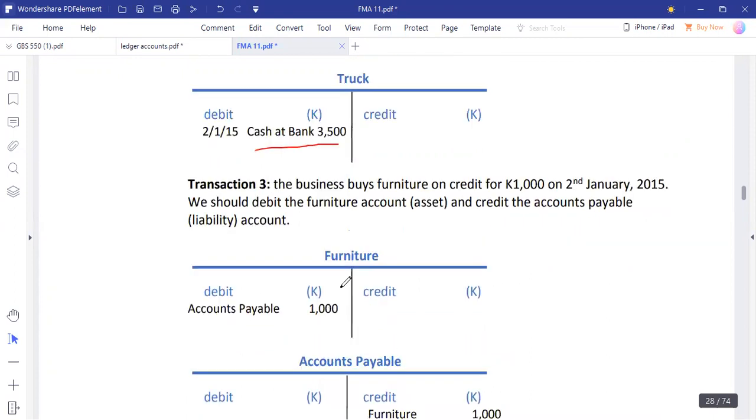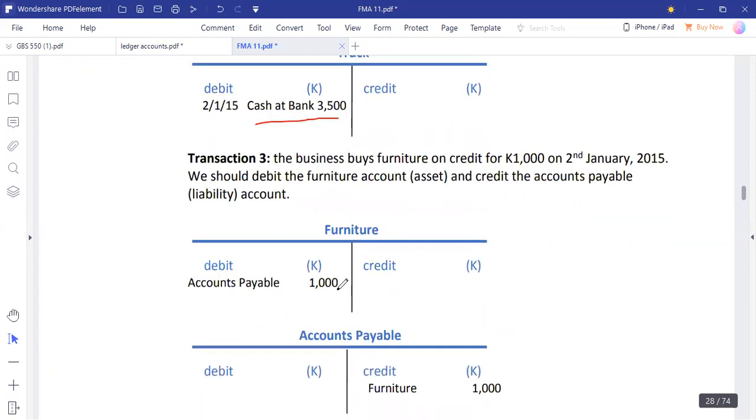I'll do the 3rd transaction and you try the 4th transaction. So we are told that the business buys furniture on credit for 1,000 on 2nd January. So now here are 2 transactions that we're going to look at. Number 1, the creditor and the furniture account. The furniture is an asset, so we are receiving furniture.